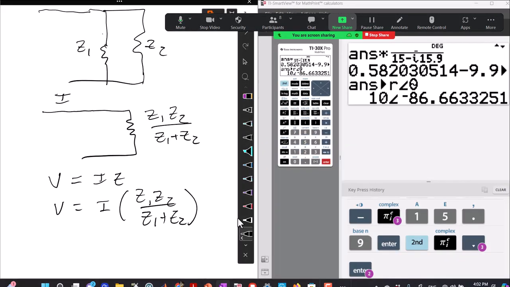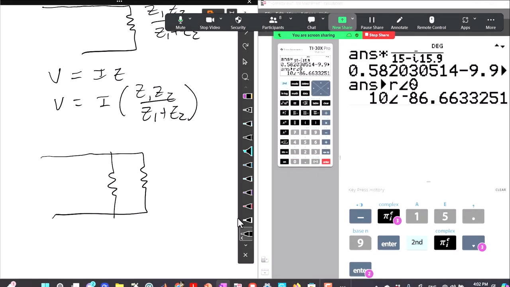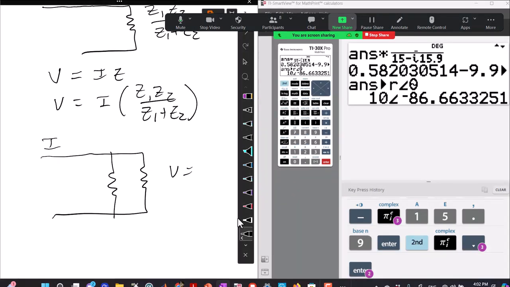Okay, so now I know what the voltage is, and the voltage is the same whether I have the equivalent impedances or I just have one impedance. So I know that the voltage across these two impedances is V equals Z1 Z2 over Z1 plus Z2.